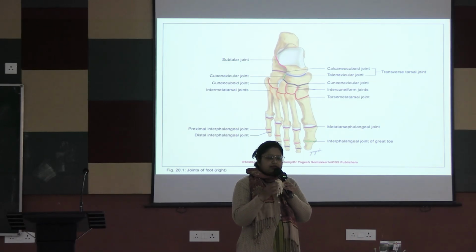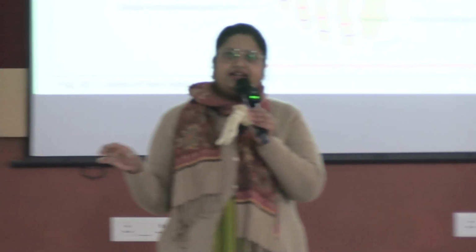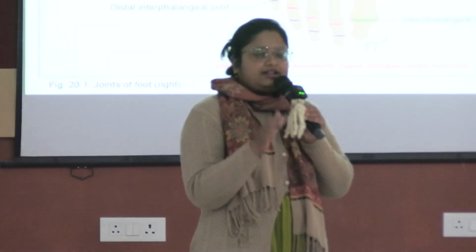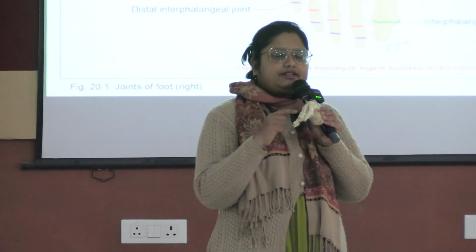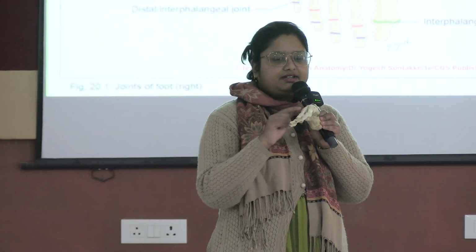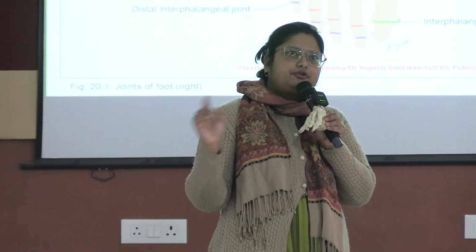Of the first to fifth metatarsals, you can see the first metatarsal is the shortest and stoutest, and the second metatarsal is the longest bone. Through this second metatarsal passes the axis of the foot.